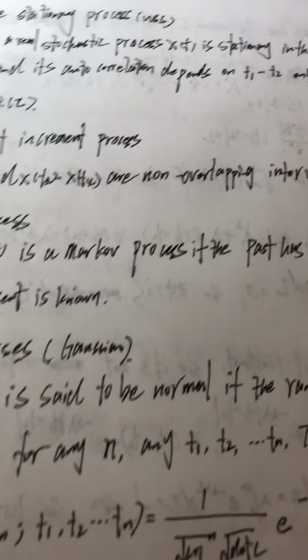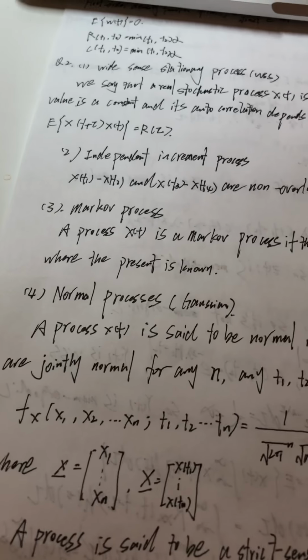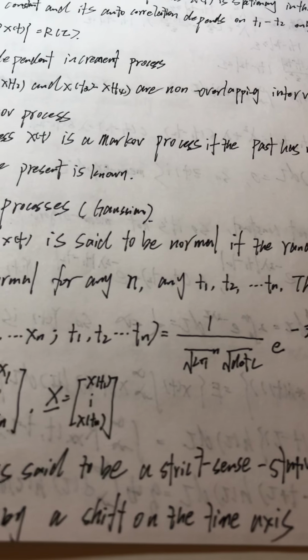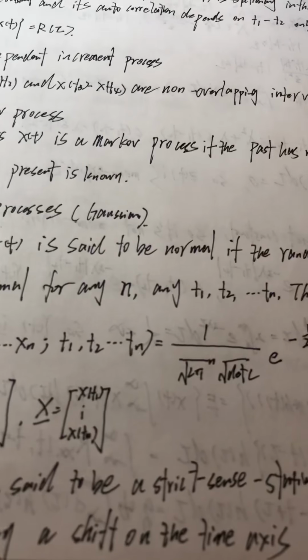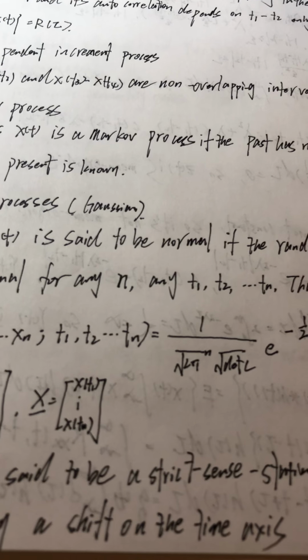And the next one is the normal process, which is the Gaussian process. And the definition of the normal process is this.